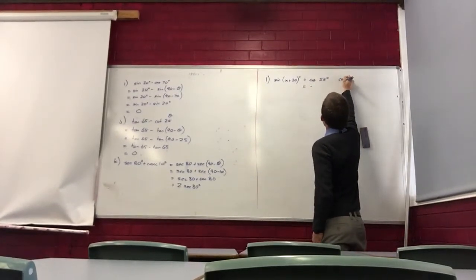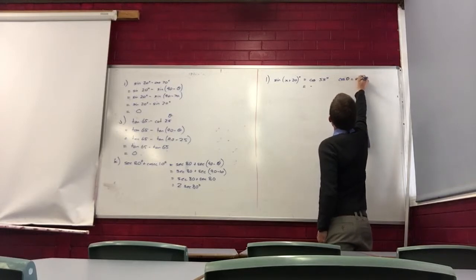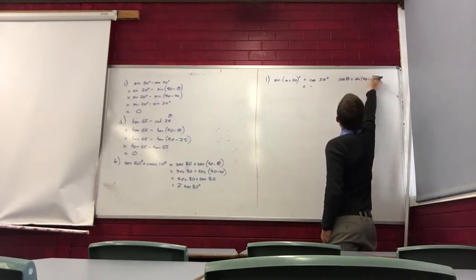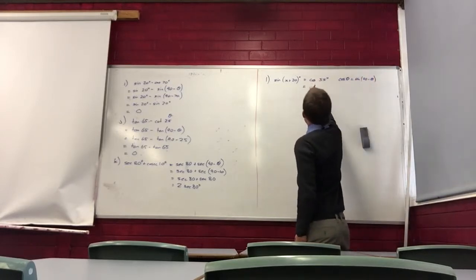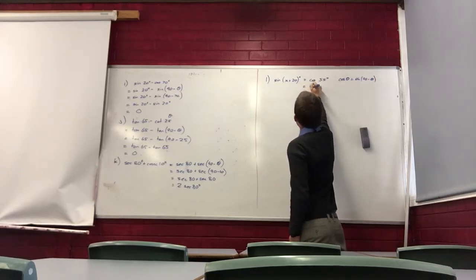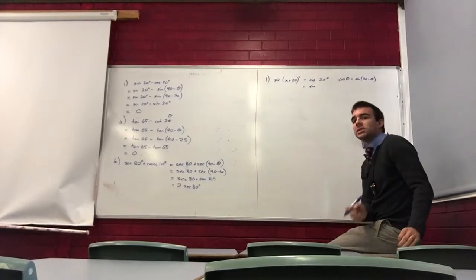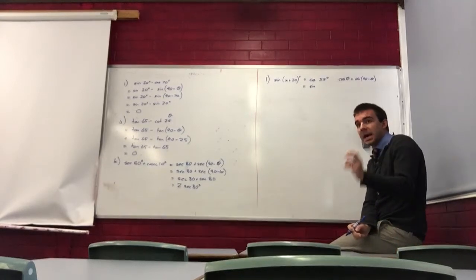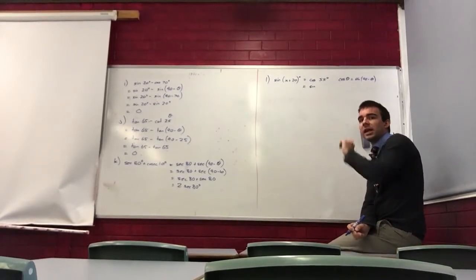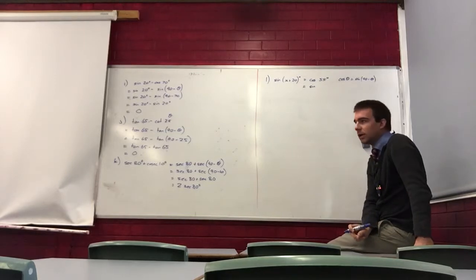Now the relation is cos of theta equals sine of 90 minus theta, so we need to change this cos to a sine. Just like when we solved equations involving indices, you have to get the base the same before you can set the indices equal and solve that equation.